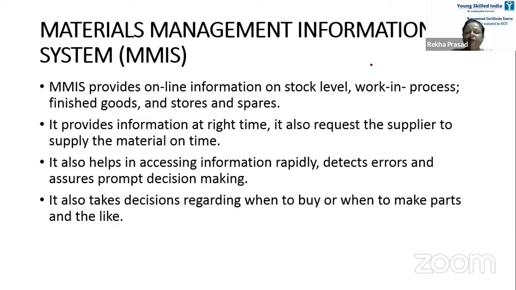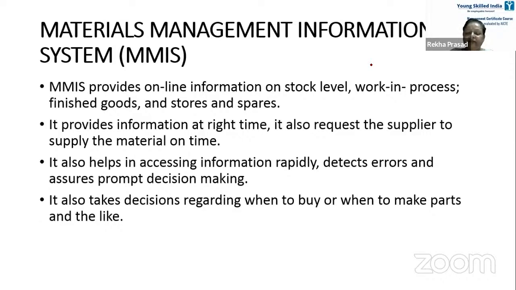For example, today even if you order a pizza, you can track how it is moving from the place of delivery to your home. Why is that? Because of the development in the information system. It provides information at the right time. It also requests the supplier to supply the material at the right time.